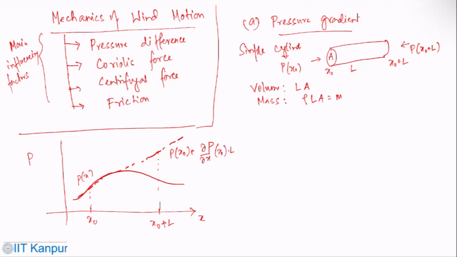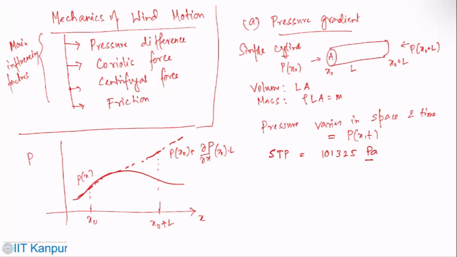So what happens here is that the pressure varies in space and time. That means P is a function of x and time. This pressure unit is Pascal, which is Newton per square meter. And we all know the standard atmospheric pressure is 101,325 Pascal.